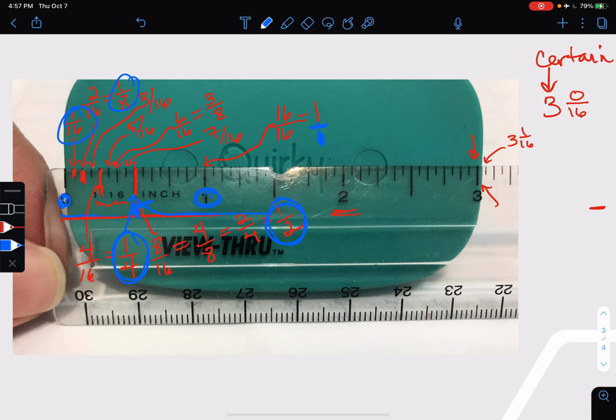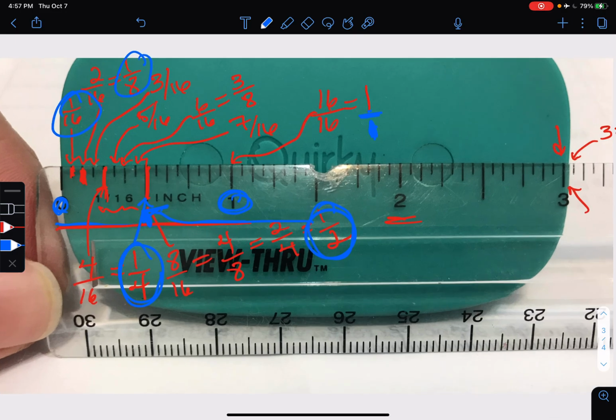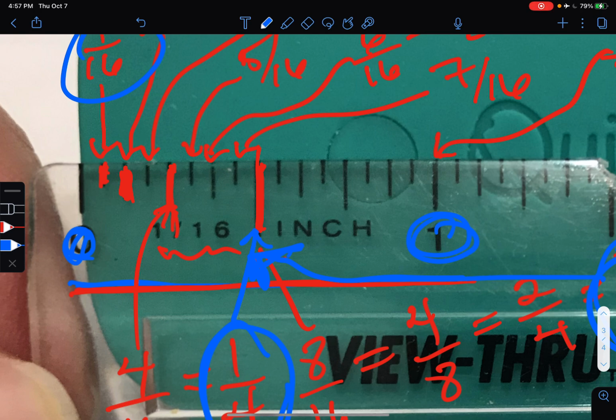It's 1/16. So half of 1/16 right here would be what? 1/32, okay? So halfway in between all of our dashes, we're going to have a 32nd.